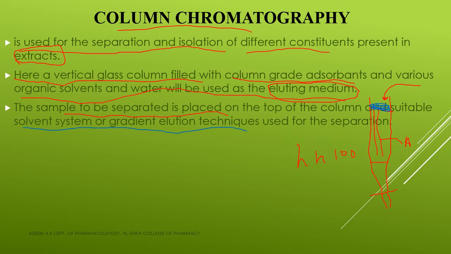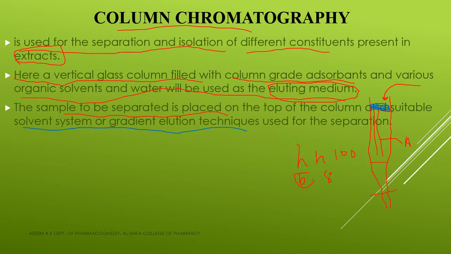Then you go for the next polar solvent, that is benzene, which comes after N-hexane. So first 100% N-hexane, then next 80% N-hexane and 20% benzene you have to take. Likewise, up to water you have to go. This is the gradient elution technique that you will study in detail in your higher classes.